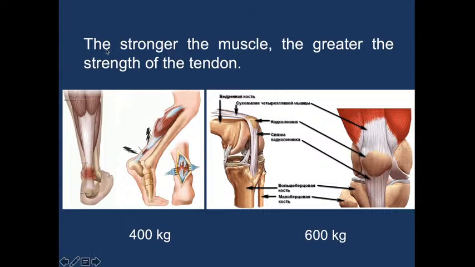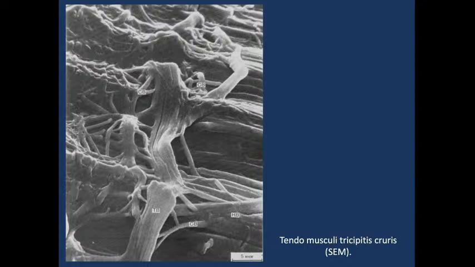So it is visible that our tendons are very strong structures. Another is this scanning electron microscope image, and you can nicely see the strong collagen fibers inside the Achilles tendon.